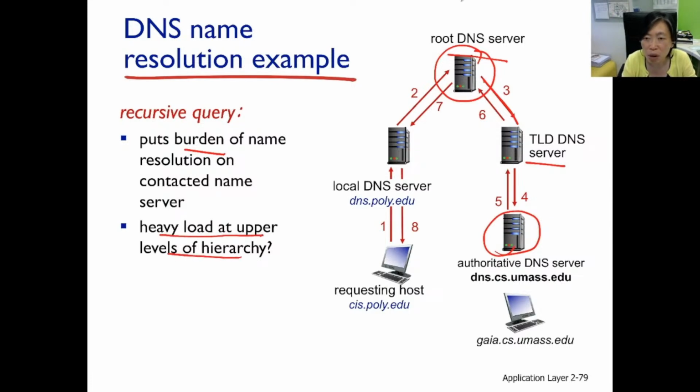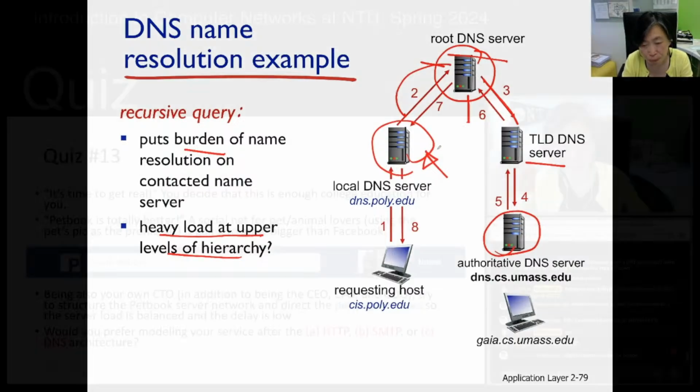Keep in mind, there are only some tens of physical root DNS servers. If everyone is sending the queries always to the root, we could quickly bring down all these root DNS servers. And that's not really a viable solution. Therefore, recursive query is an option that we try to disable at the local DNS server.